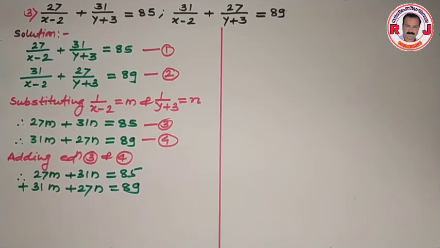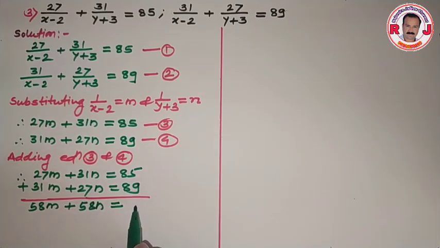And here in the addition, the sign is not changed in the second equation. 27 and 31 is 58m, plus here the addition 31 and 27 is 58n, and here 85 plus 89 is equal to 174.